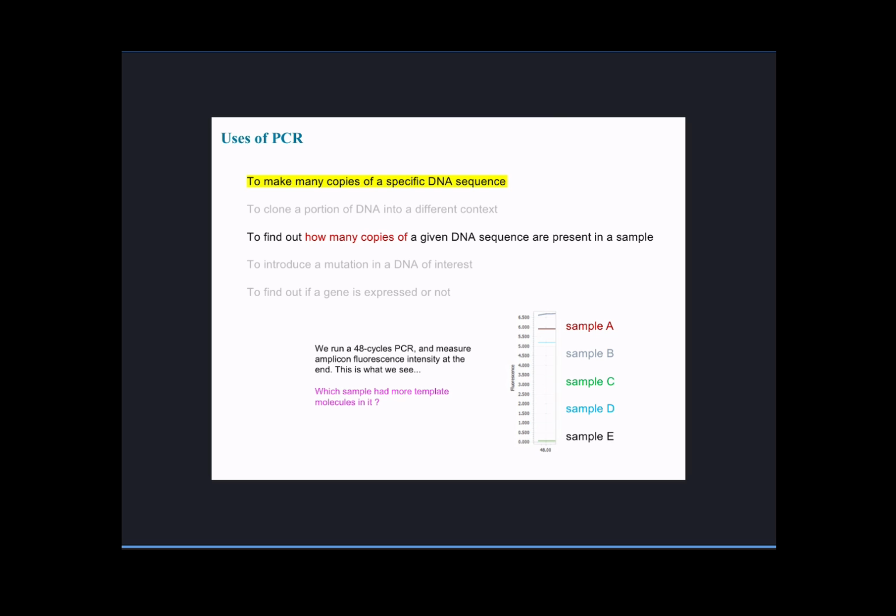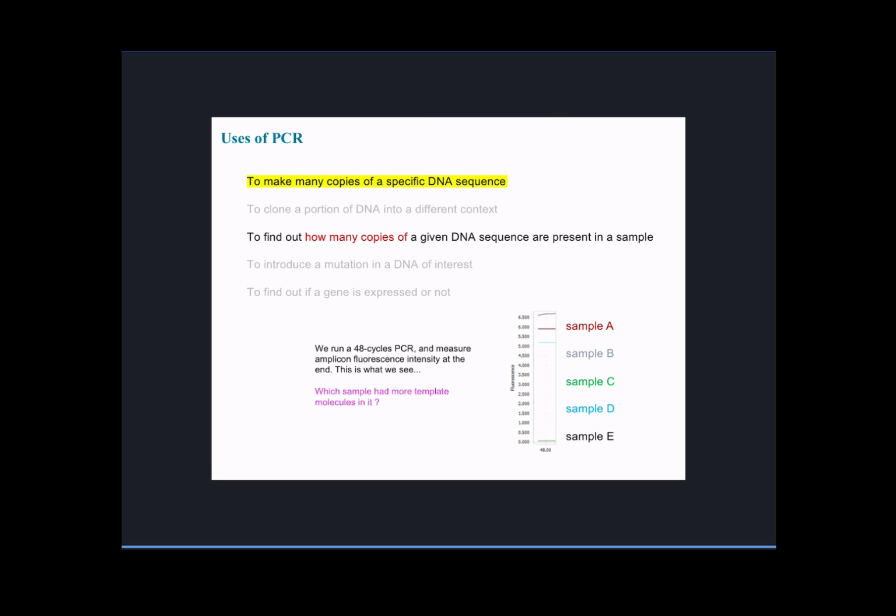And then another use that is very common for this type of approach is trying to determine how many copies of a given pathogen, either a bacterium or a parasite or virus, like the COVID virus, may be present in a sample. Right? So that way, not only do you determine if someone is infected with a given pathogen or not, but what the pathogen load is in that individual.